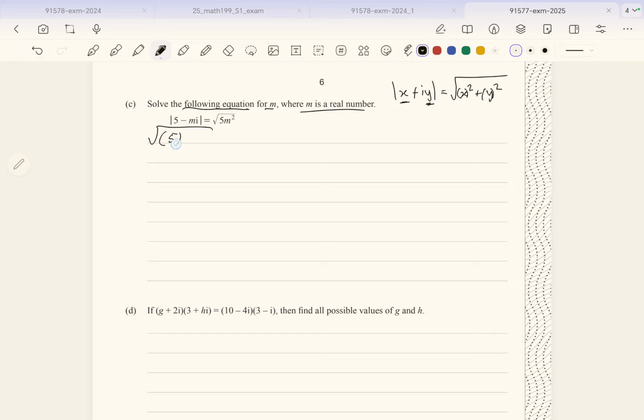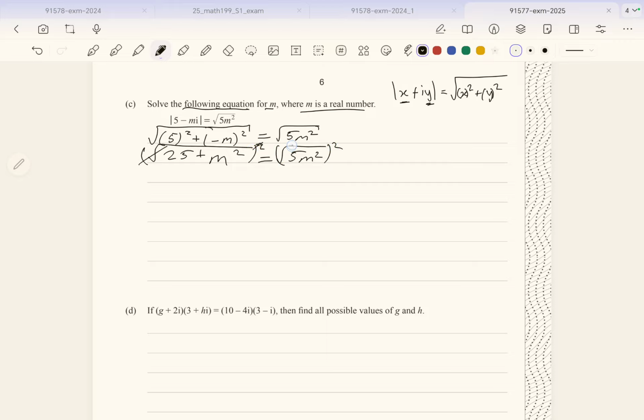Simplifying that gets us to the square root of 25 plus m squared equals the square root of 5m squared. Getting rid of the square root, we can square both sides. The square root and the square cancel each other out. This gives us 25 plus m squared is equal to 5m squared.